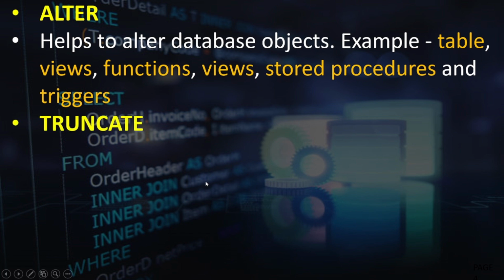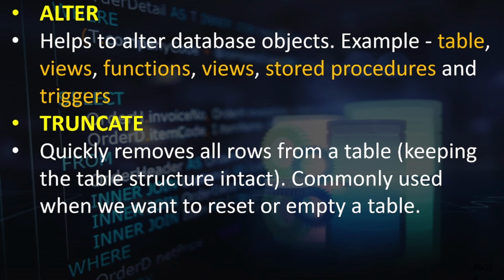And the final is truncate. Truncate can be used for emptying a complete database table. We have seen in the beginning that this is data definition, not data manipulation, and that's why it has been categorized as data definition language, right?